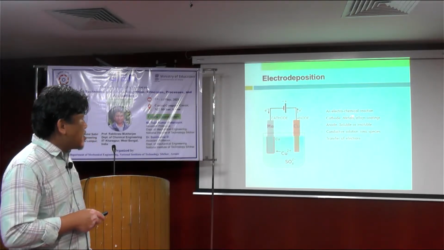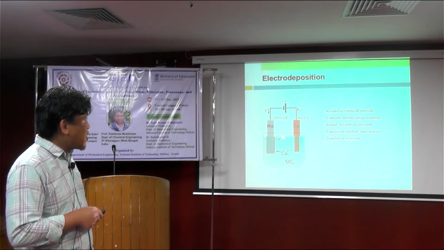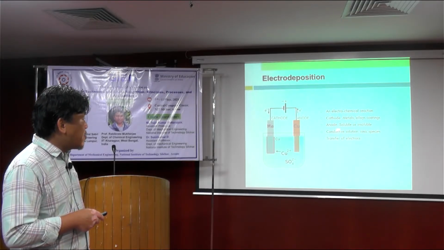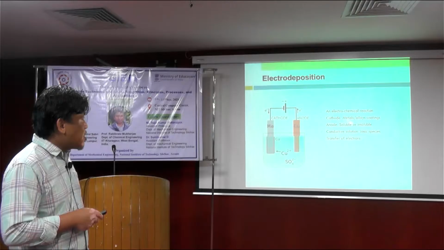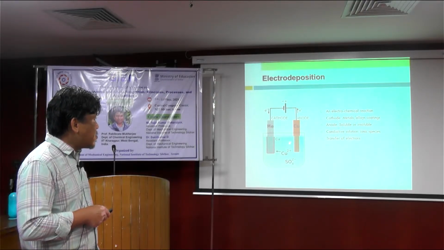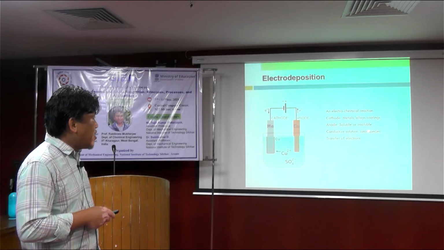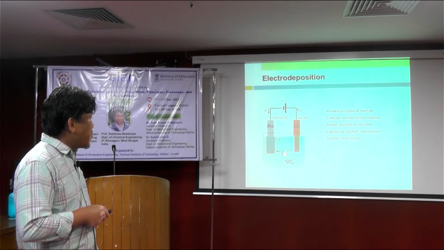This is an electrochemical reaction, or sometimes we call it electroplating. The cathode gets metal or alloy coatings, and the anode is a soluble or insoluble material as well, and you have different solutions with ionic species, and transfer of electrons happens to the materials.